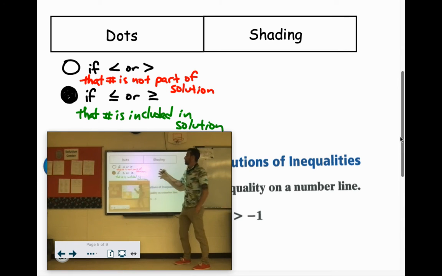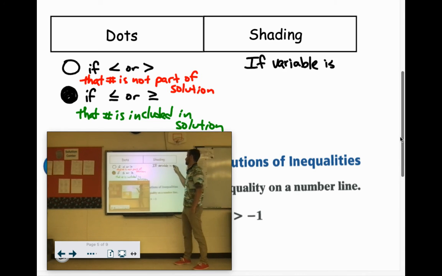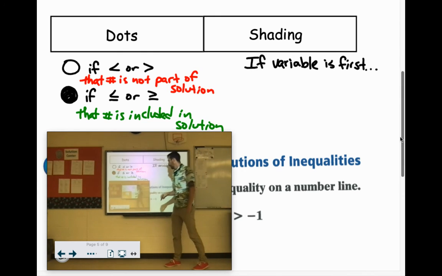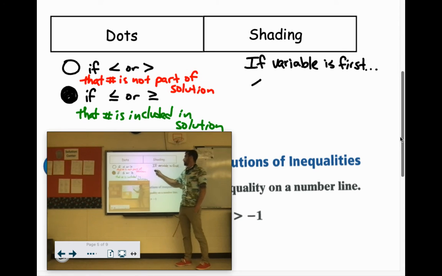So here's the rules as far as shading. So if the letter is first, if the variable is first, and again, you'll see what we mean here in a little bit. Then less than or equal to, you shade left.